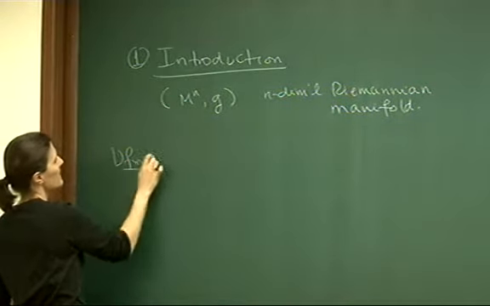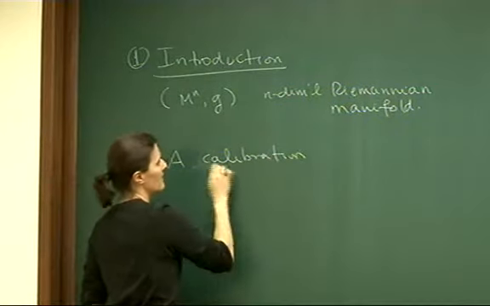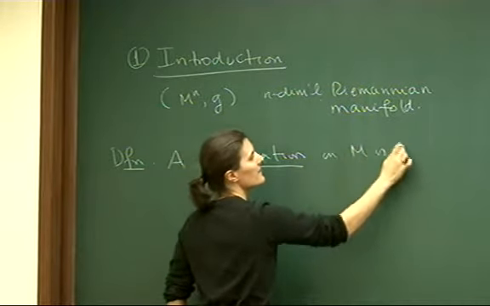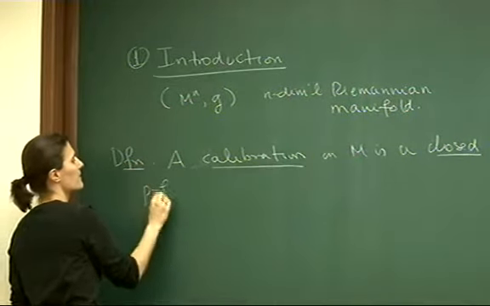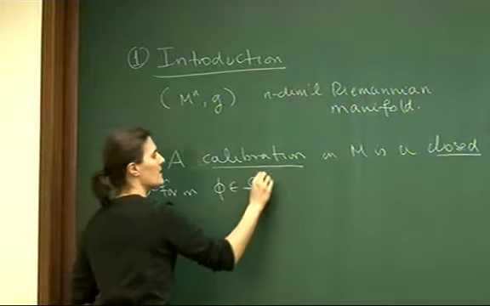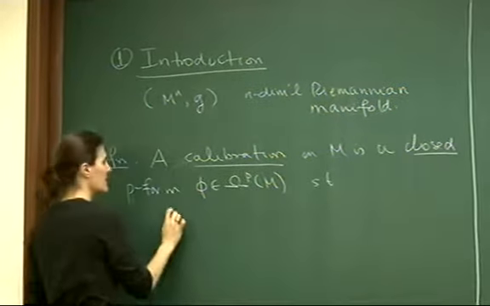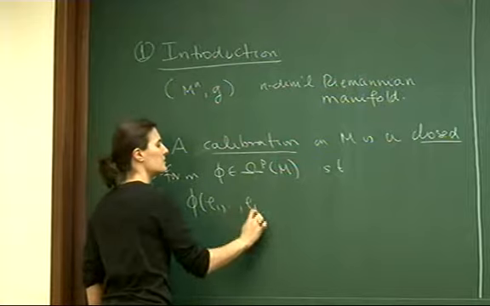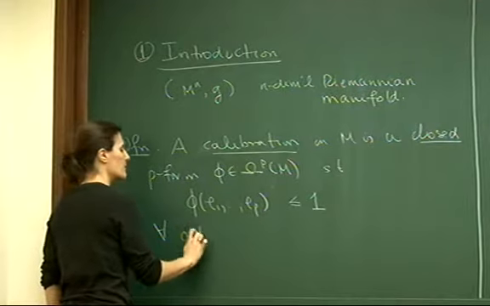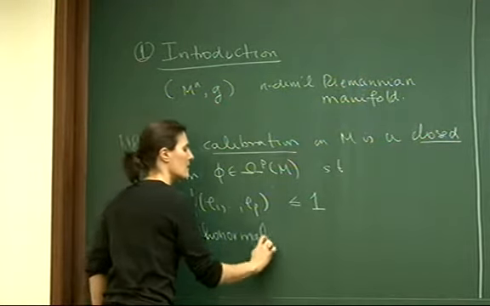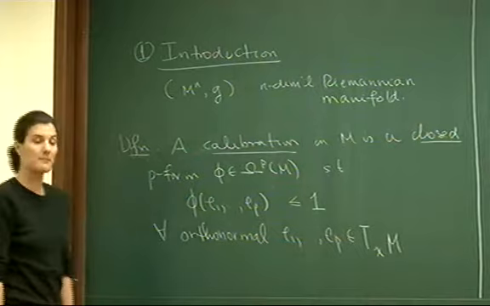And definition, a calibration on M is a closed P-form phi, and I'll denote the space of P-forms on M by omega, such that phi evaluated on E1 up to EP is less than or equal to 1 for all orthonormal E1 up to EP in the tangent space at some point.